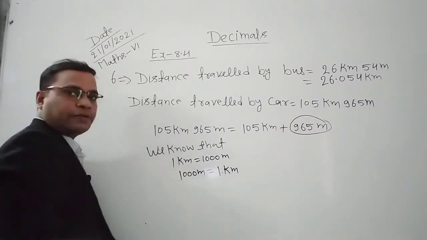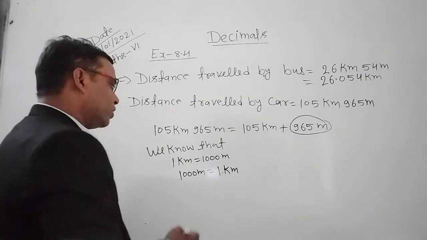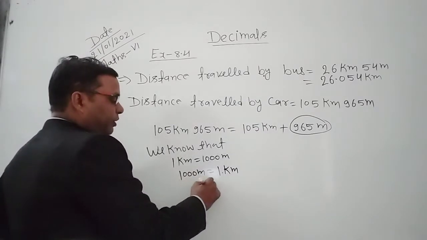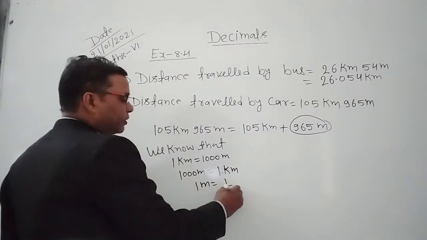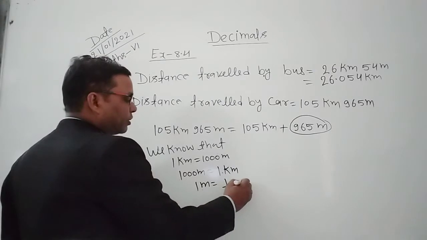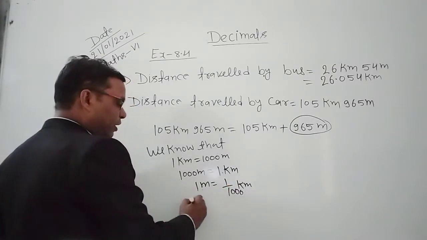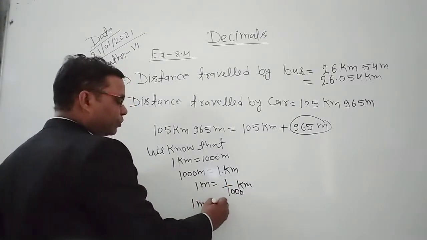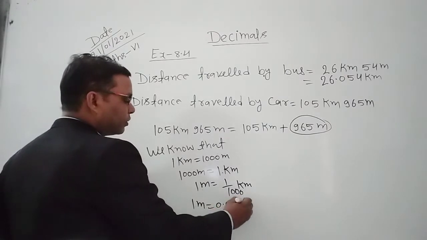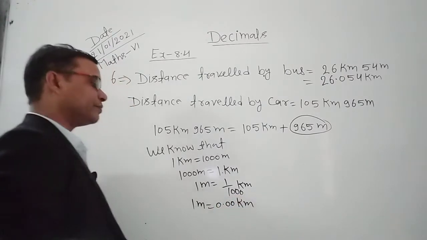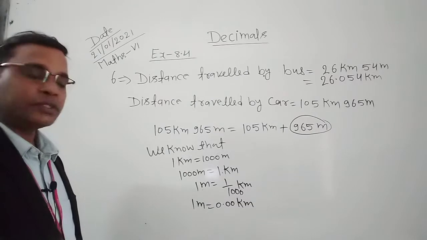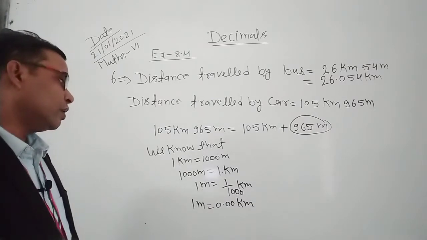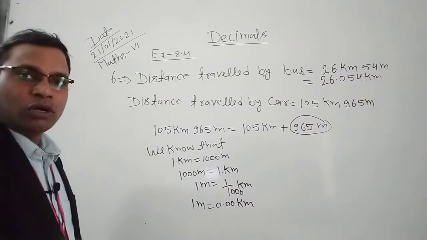If you transpose, I will also write 1 meter is equal to 1 by 1000 kilometer, or 1 meter is equal to 0.001 kilometers.